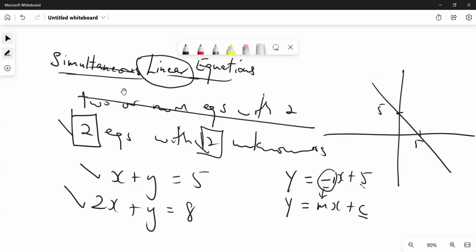Because when you finish solving and you get values for x and y, you will see that the solution is the solution to both equations at the same time. So whatever values you get for x and y must satisfy both equations at the same time.